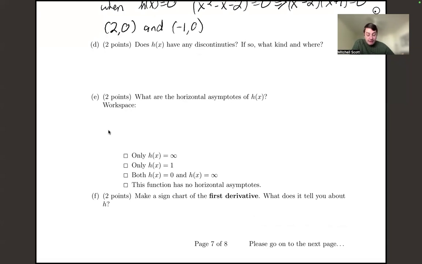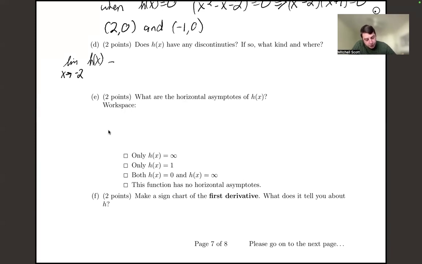Does h of x have any discontinuities? If so, what kind and where? So as we talked about, we know it's not defined at 2 points, and the area around those 2 points of 3 and minus 2 will probably have some information. So what we're going to need to do is figure out the limit as x goes to minus 2 of h of x.